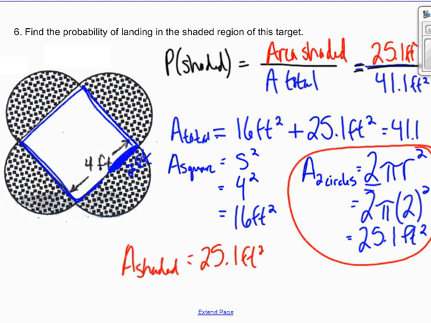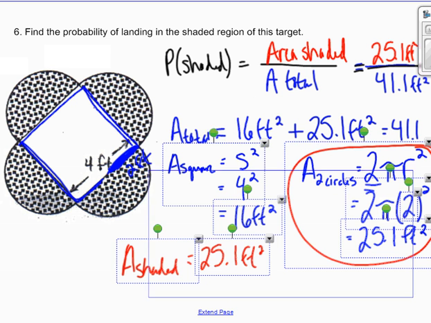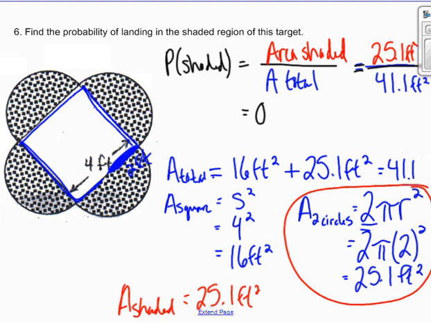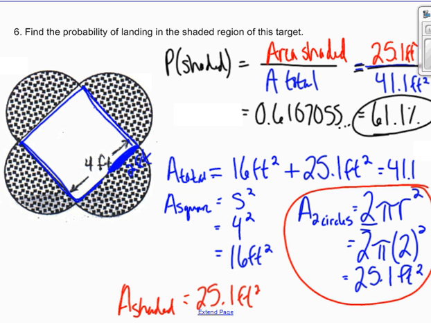Then when I type 25.1 divided by 41.1, what I got as a decimal is 0.61070555, yada. So as a percent, this would be 61.1% when I move over the decimal. And that is it.